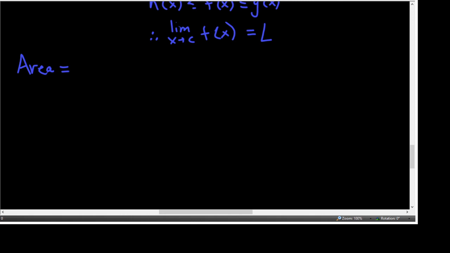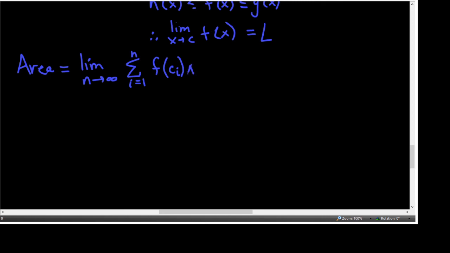We can do that using this formula: the limit as n approaches infinity of the sum from the first rectangle to the nth one, of f of some value of x, we're going to call that generic x value c sub i for right now, times delta x.